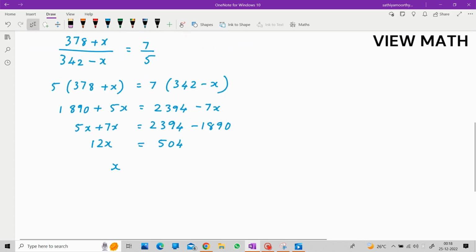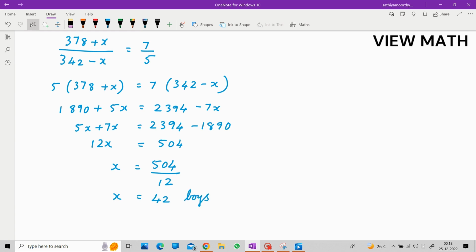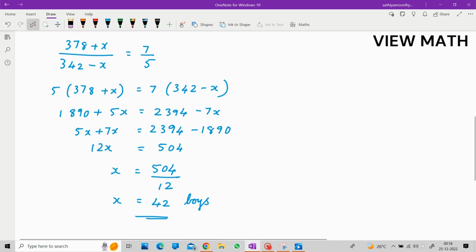X is equal to 504 divided by 12. If I simplify, I'm getting X is equal to 42. X is nothing but the number of boys. So the new admission is 42 boys. This is what they have asked us to find out.